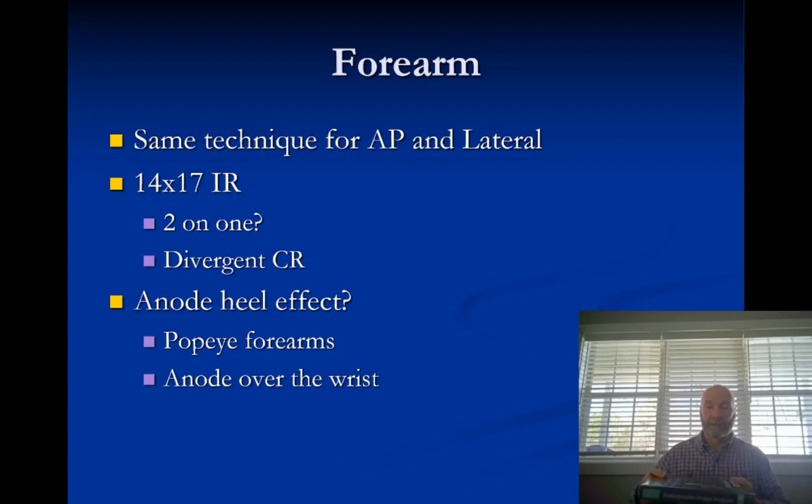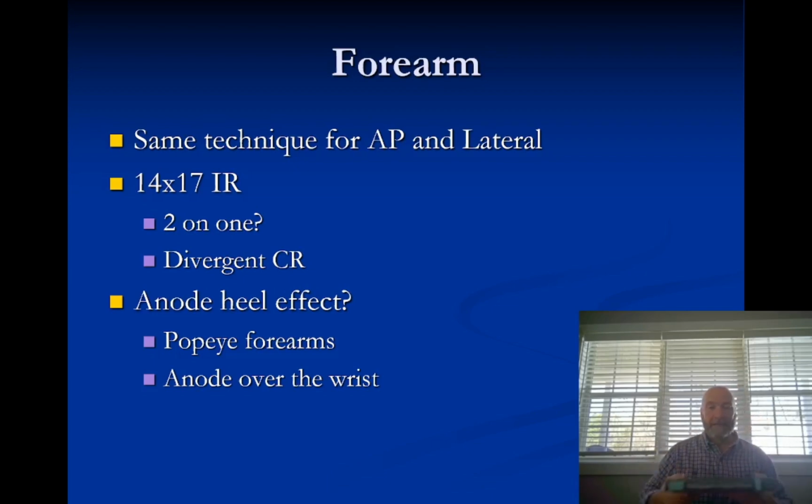What I recommend is to do the lateral first. Put everything in the same plane, position for the lateral, have the patient point the thumb straight up at the sky, and put the lateral on the side of the image receptor that would be closest to them so that they don't have to reach all the way across it.